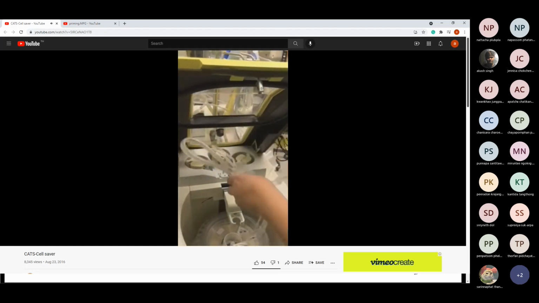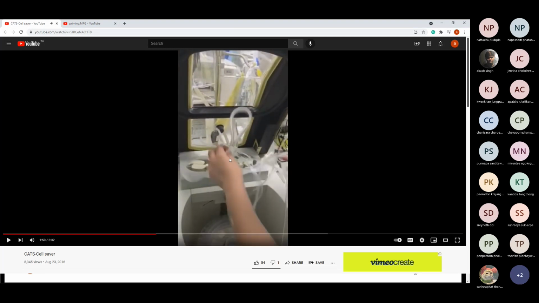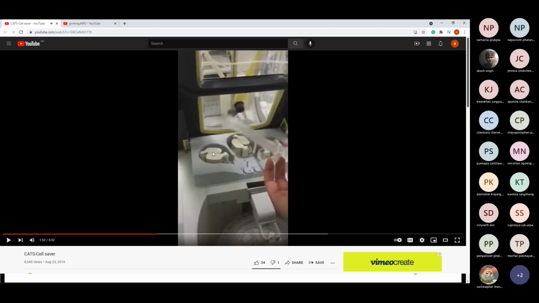It's quite automatic to set up, and install the tube into the pump. There are three pumps. One moves the blood from the reservoir. One moves the blood to mix with the saline or washing solution, and one moves the blood back to the infusion bag.